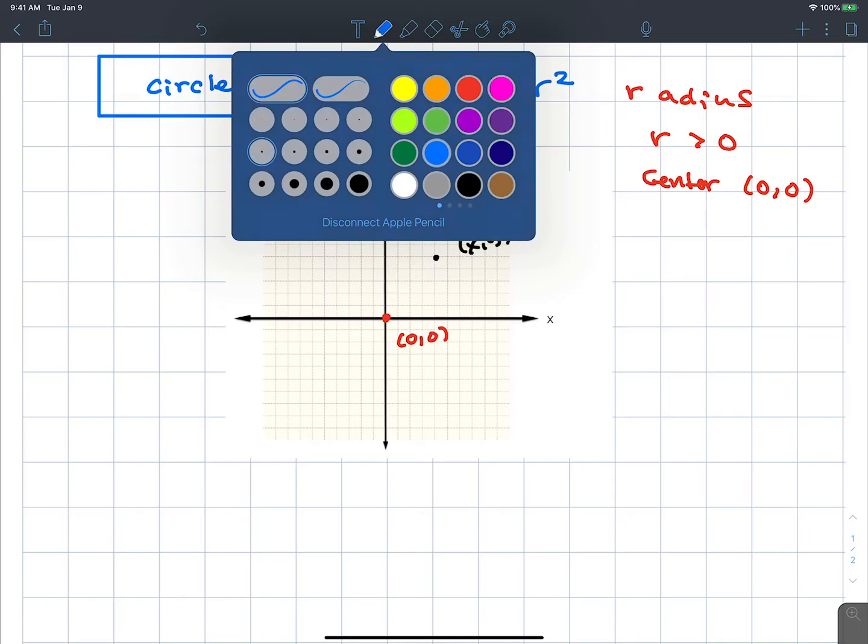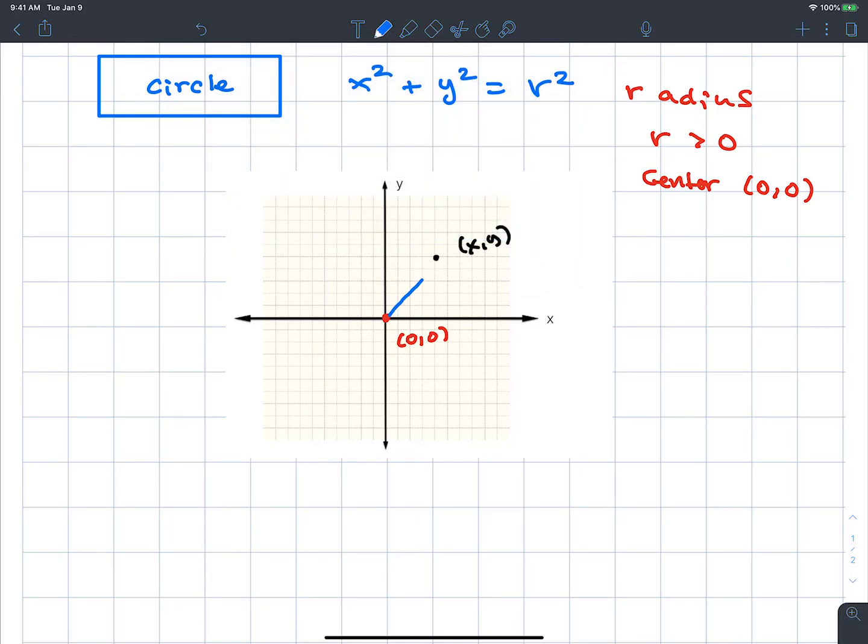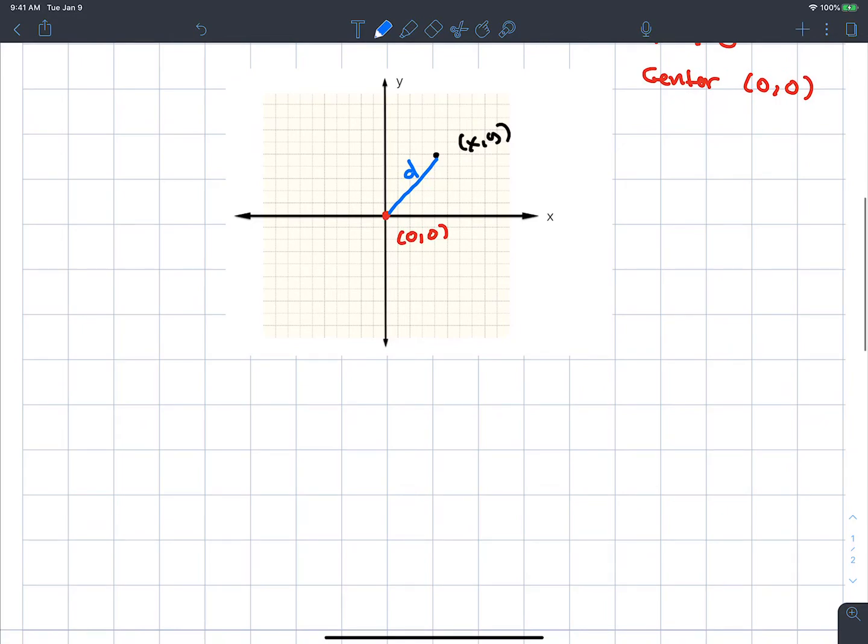If you recall the distance formula, this distance called d from geometry, we have the distance formula being the square root of x2 minus x1 squared plus y2 minus y1 squared. And that's the distance between 2 points.